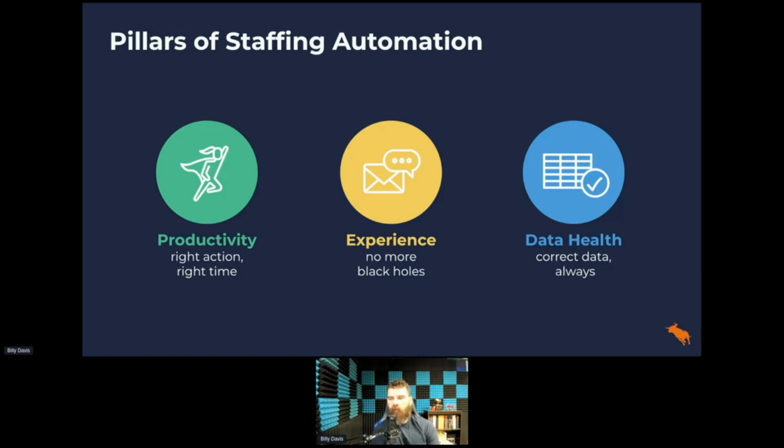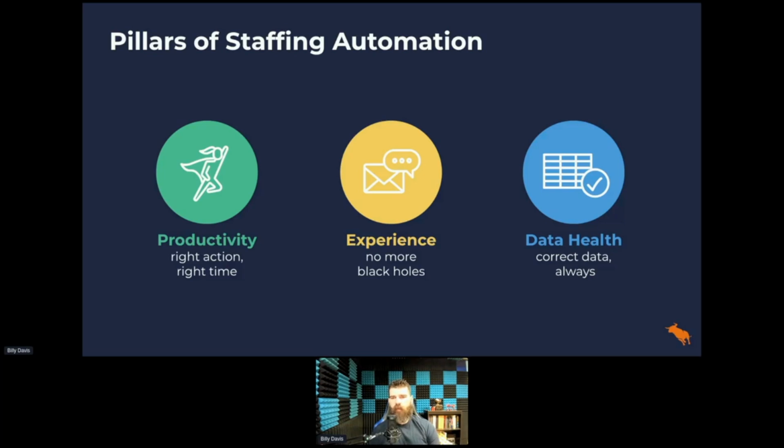And then lastly, the last pillar is all around data health. Obviously, good, clean data is a dream of any ATS or CRM user. It unlocks a ton of potential: utilizing a single source of truth, having all of your integrations come back into your system, ensuring that your process is being followed consistently. And obviously, a marketer's dream is having clean data that you can segment off of.